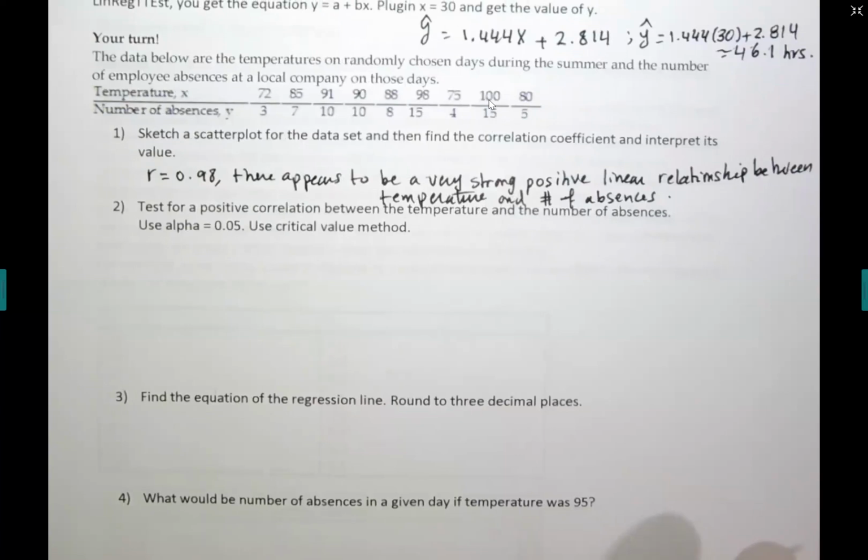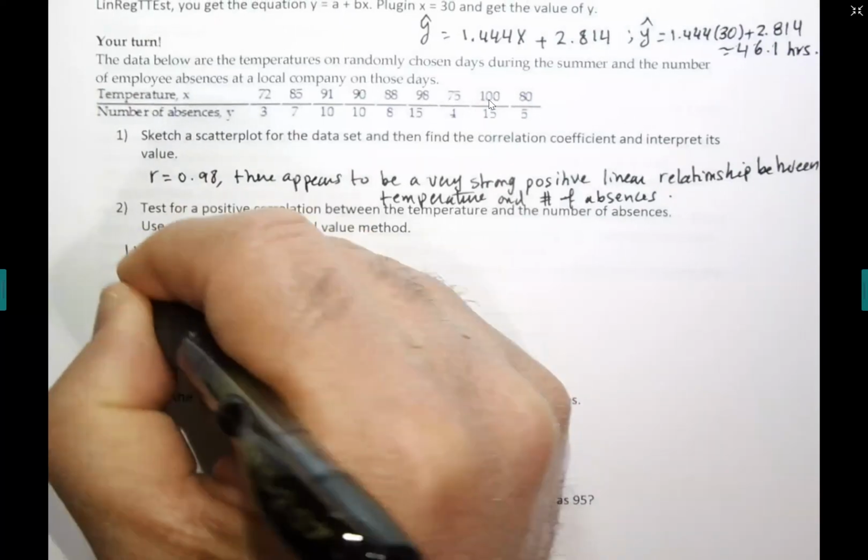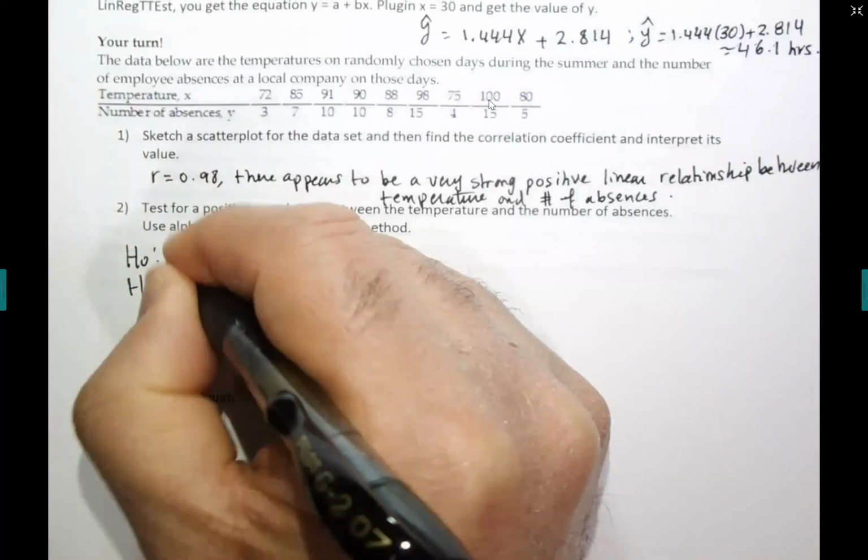Test for positive correlation between the temperature and the number of absences using alpha equals 0.05. It says use the critical value method, which I'm going to explain to you right now, guys. But let's set up H0. We're going to do it actually both ways, using p-value and the critical value approach.